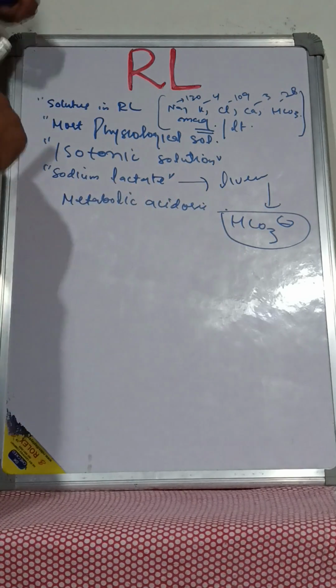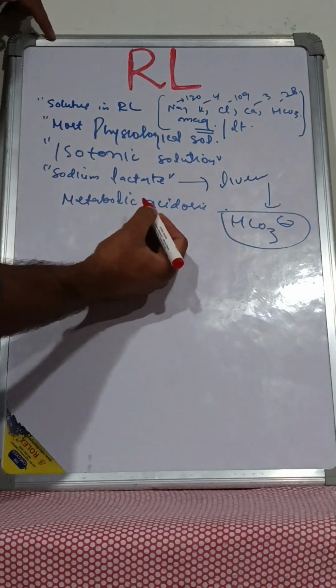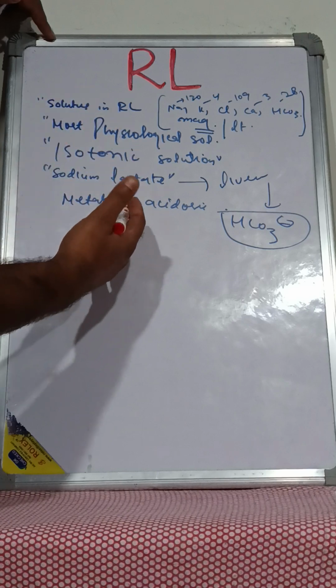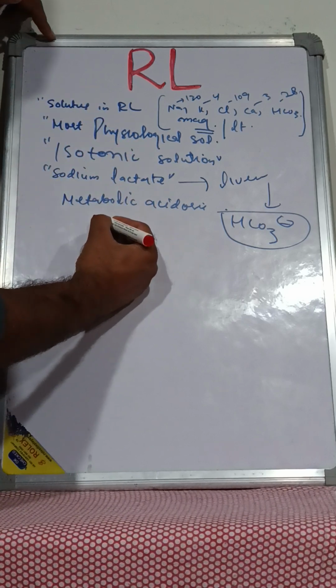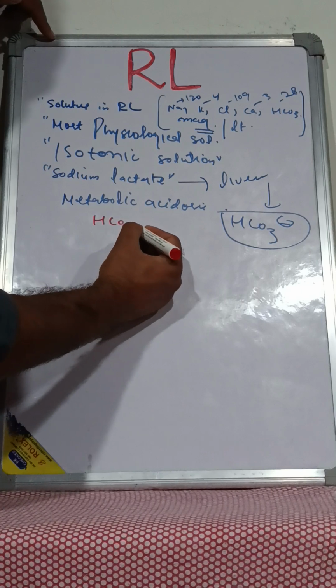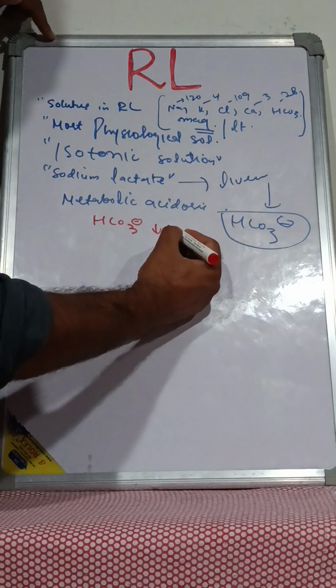What is metabolic acidosis? When you think of metabolic, think of bicarbonate. When you think of respiratory, think of carbon dioxide. Since it is metabolic acidosis, something is not good with bicarbonate, that means bicarbonate is decreasing.